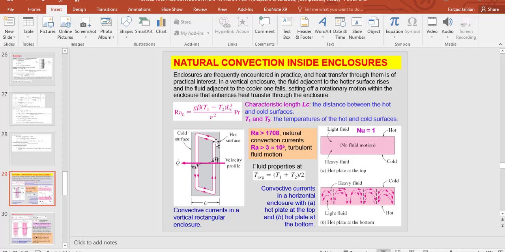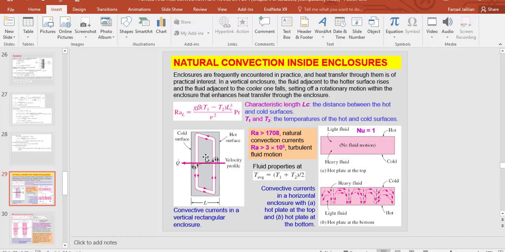Due to this motion of the liquid near the surface of this enclosure, you know that we will have convection heat transfer. So how can we calculate the heat transfer by this convection?